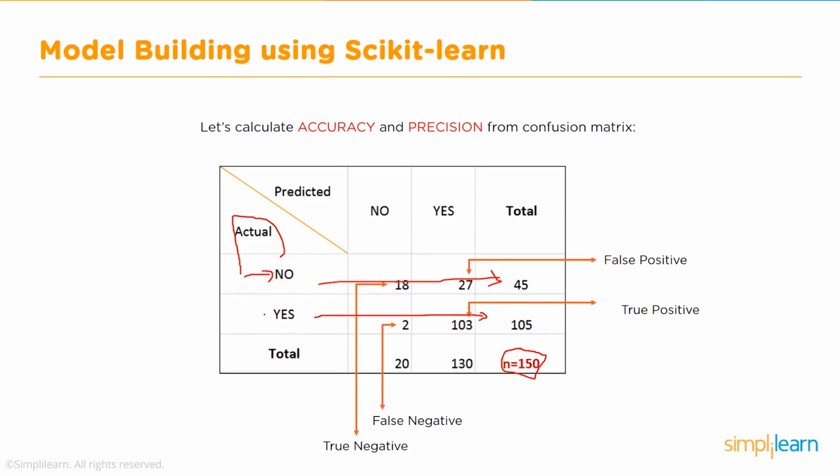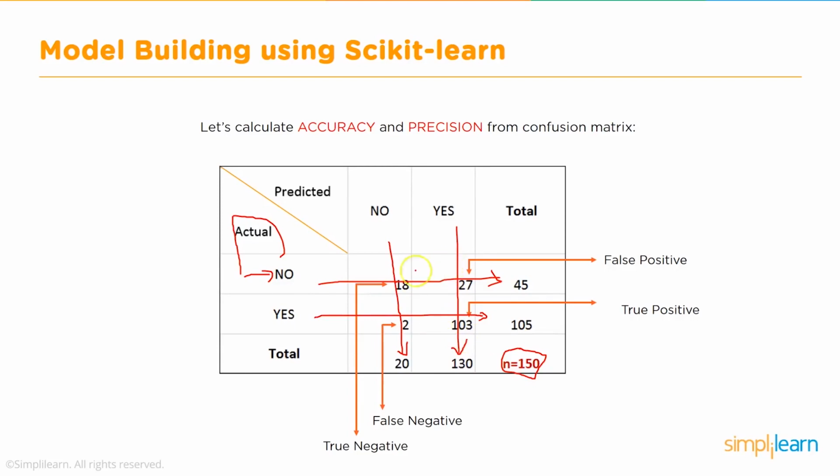I know for the first time when you're seeing this it may be a little confusing, but just stay with me. This is the actual part, and this side tells us the predicted part. Our model has predicted 20 of them as no, and 130 of them as yes. I hope this part is clear.